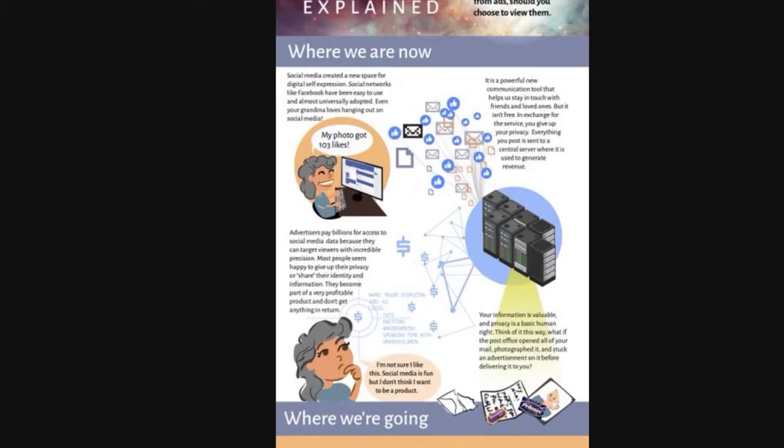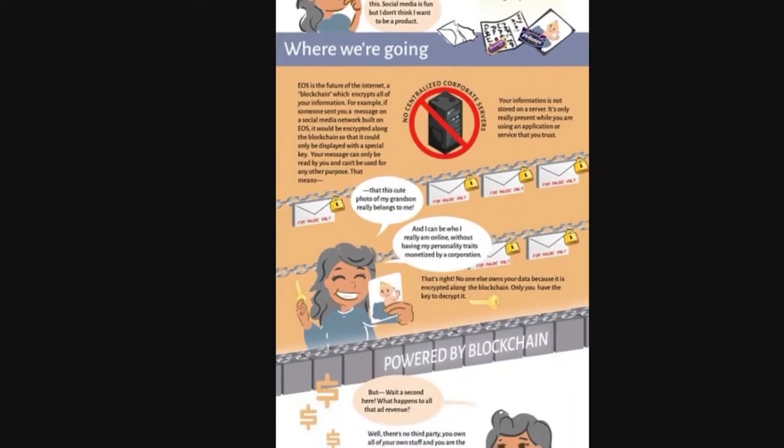And so EOS wants to make sure that if you're going to give away your data, you can choose to, and if you do, you'll get rewarded for it in terms of either fiat currency or cryptocurrency or something of the like. And it talks about EOS being the future of the internet, a blockchain which encrypts all of your information. For example, if someone sent you a message on social media, it would be encrypted along the blockchain, so it would only be displayed with a special key.